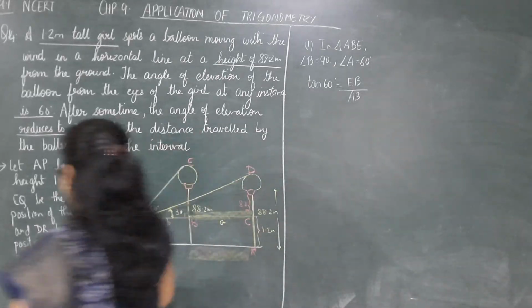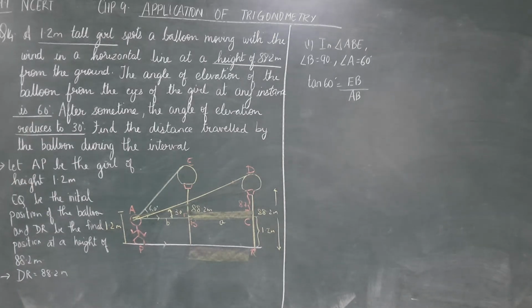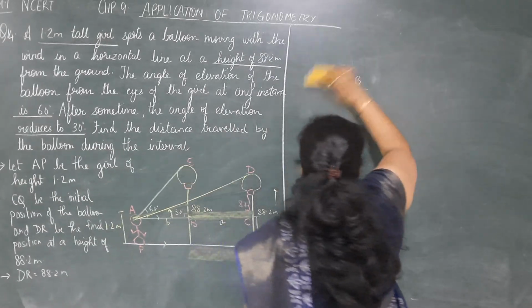Now EB, right? We can write here. We are given that DR is 88.2 meters. So before starting with the triangle, we can mention that.